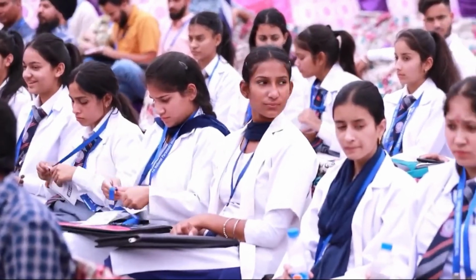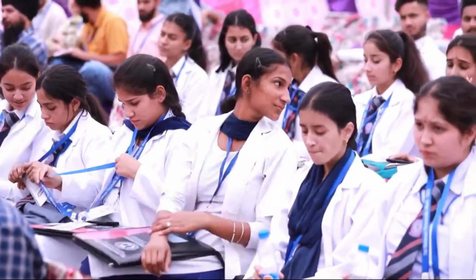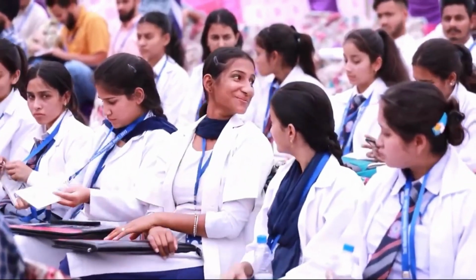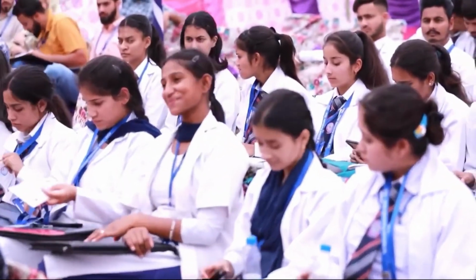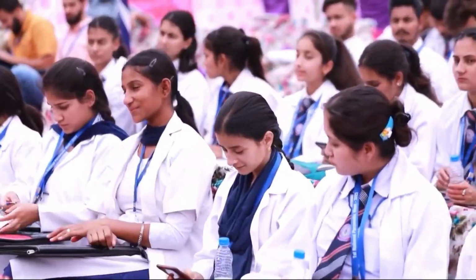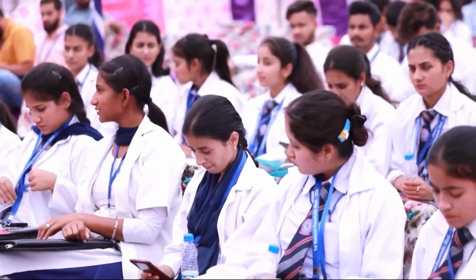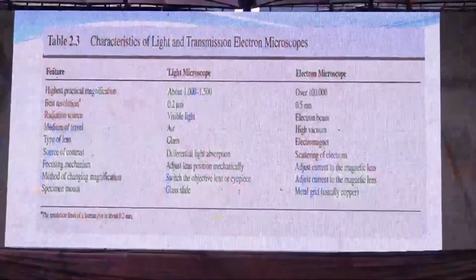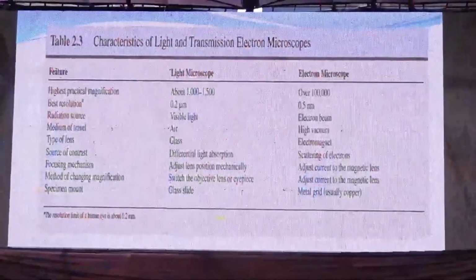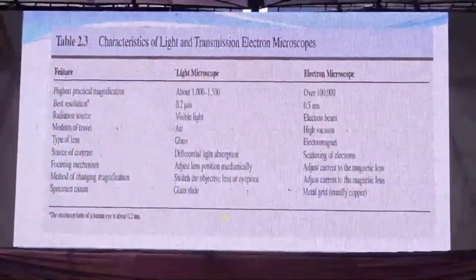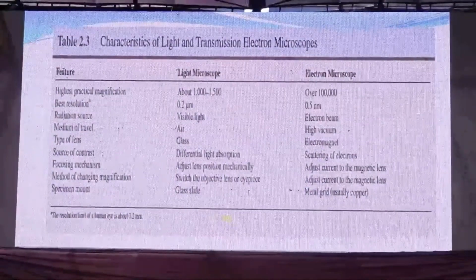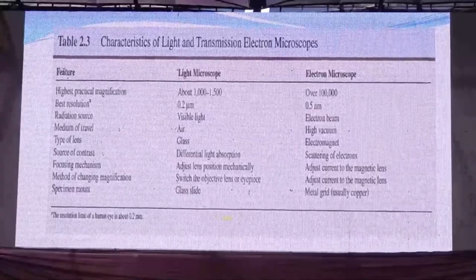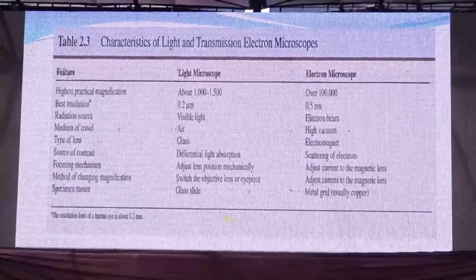If we compare the light and the electron microscopes, magnification in the light microscope, whatever the variant, is maximum 1500 times. But in the electron microscope, it may reach up to 5 lakh, over 1 lakh. Resolution is 0.2 micrometer, and in the electron microscope it is 0.5 nanometers.